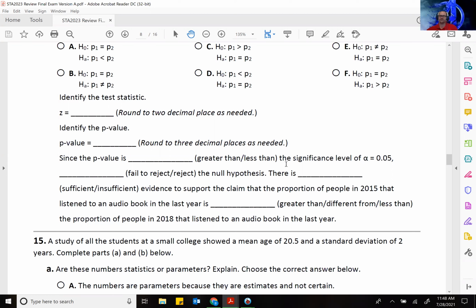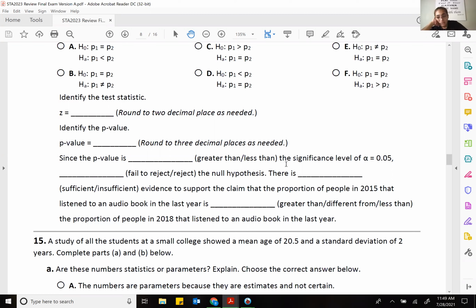Sufficient. Yes, we have evidence. Sufficient evidence to support the claim that the proportion of people in 2015 that listened to audiobooks in the last year is blank the proportion of people in 2018 that listened to audiobooks. Greater than, different, less than?